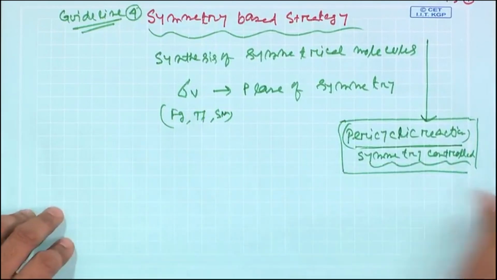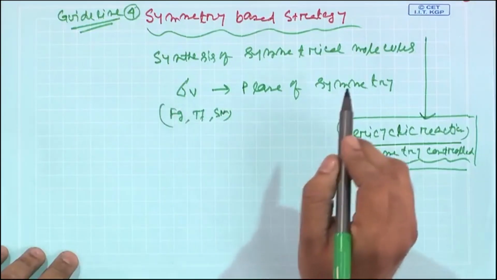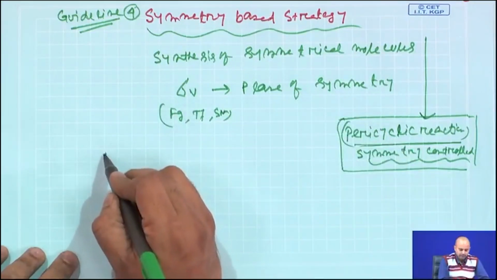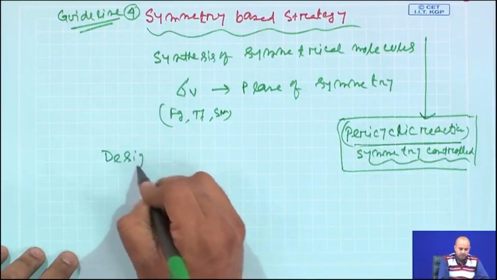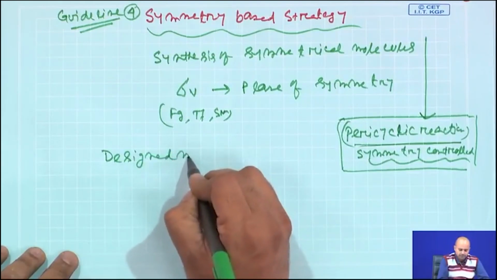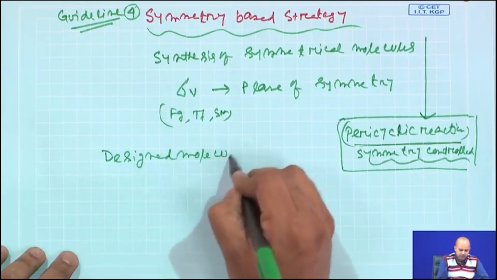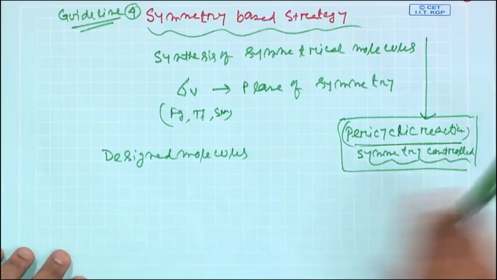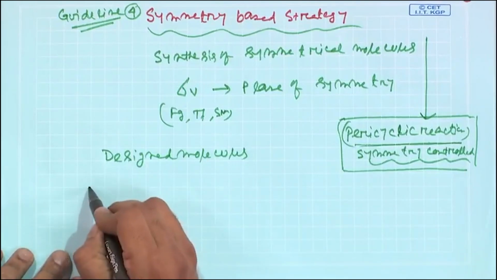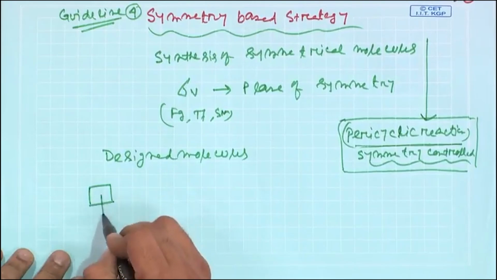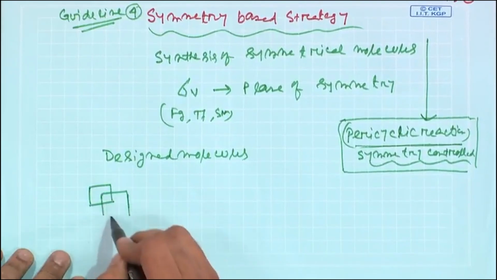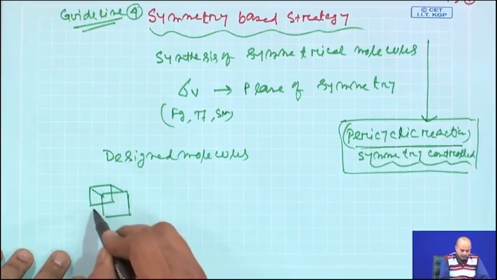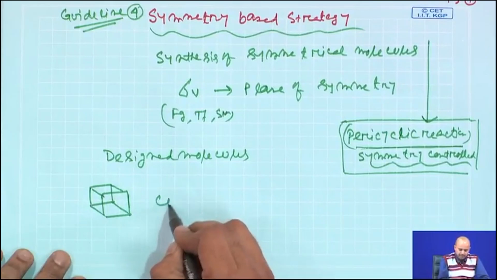Now, for molecules which have a perfect sigma v, there might be a natural product as well as a designed molecule. There exist many designed molecules which are perfectly symmetrical in nature. If I now draw a molecule, this molecule's name is cubane.